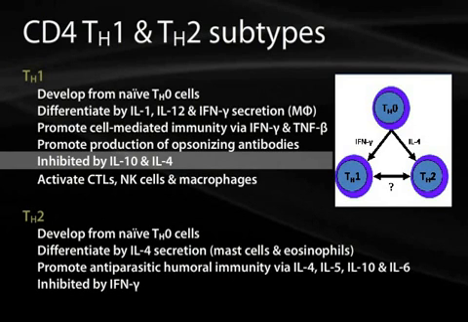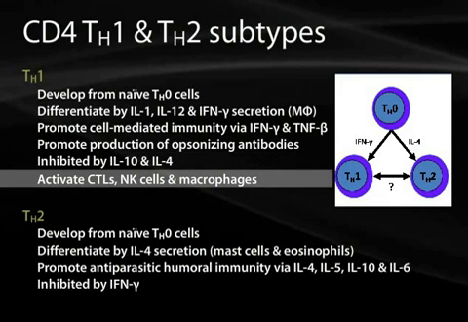If a T helper 0 cell becomes a Th1 cell, then by the cytokines that it secretes, it's going to promote activation of cytotoxic T lymphocytes, NK cells, and macrophages, a cell-mediated type of response. Because these cells also are known as the killer cells, and because they can secrete lytic enzymes into the environment, this is also known as a pro-inflammatory type of response.